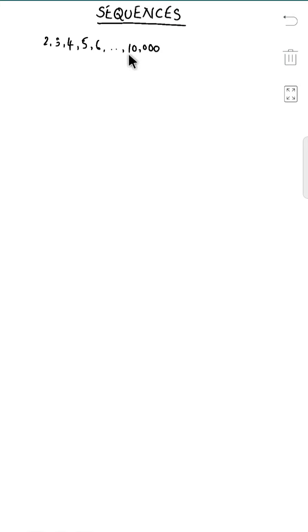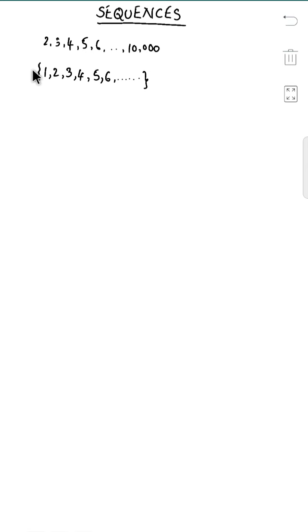This is also a sequence of numbers, but what we study here is the sequence of infinite numbers. Let's say the first one we represent in set form: 3, 4, 5, 6, and so on. It goes up to infinity.